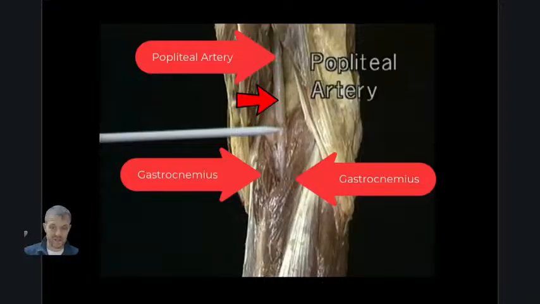This is a big artery, the popliteal one is pretty chunky. These are your hamstring muscles. These are your gastroc muscles, gastrocnemius, so your calf muscle. We've got two heads to the gastrocnemius, and they split and come up and attach onto the femur. So the blood supply will go deep to the gastrocnemius, underneath gastrocnemius.